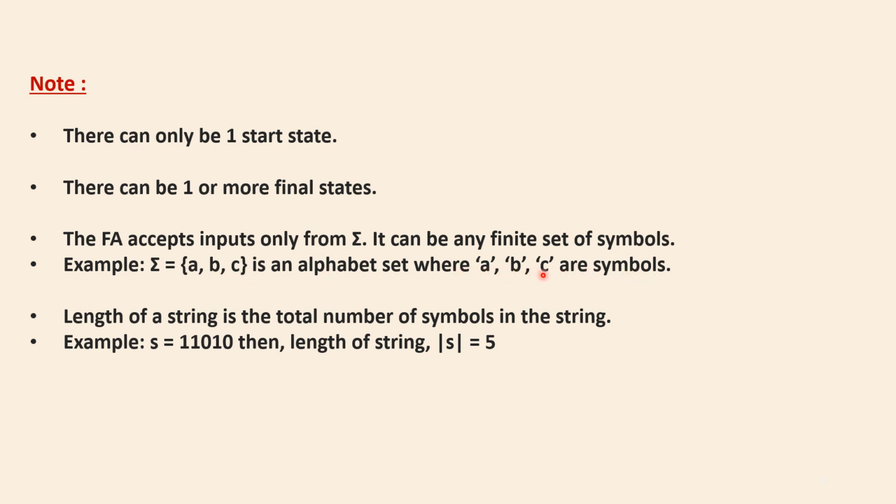We call A, B, C our symbols and together they are our input alphabet. The length of a string is the total number of symbols in the string. For example, I have the string 11010, which means I have 1, 2, 3, 4, 5 input symbols. So the length of the string is 5.